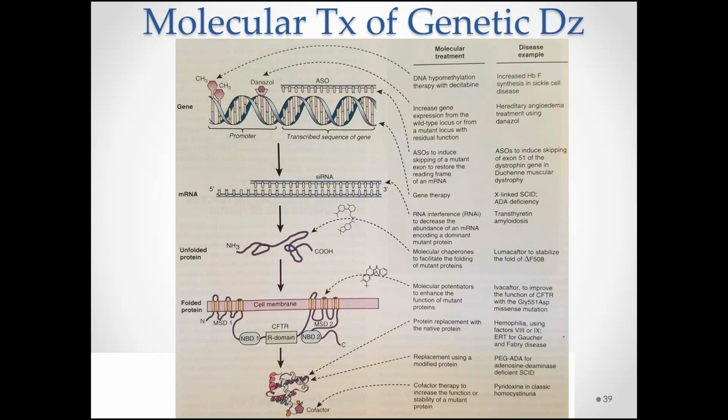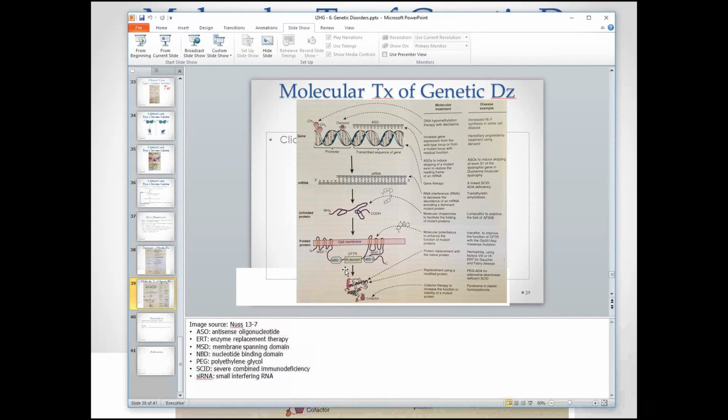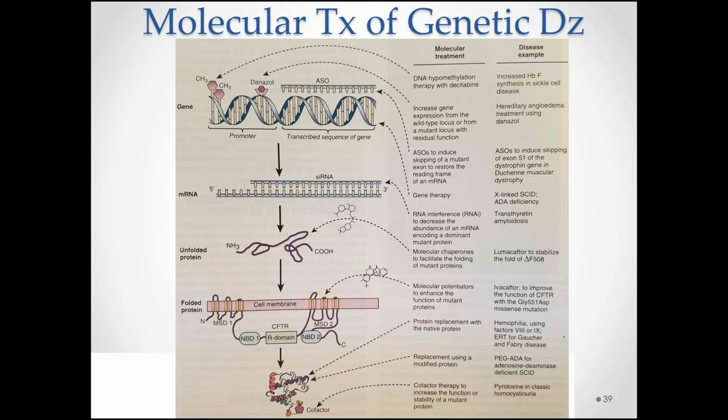If we look at the realm of molecular treatments, by the way, the abbreviations for everything in this picture are in the slide deck. This is a big picture view, and even this picture is missing some of the different treatments.